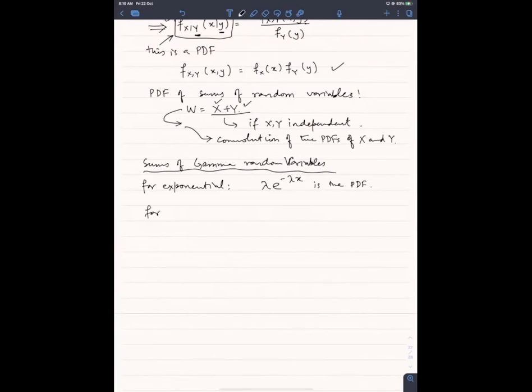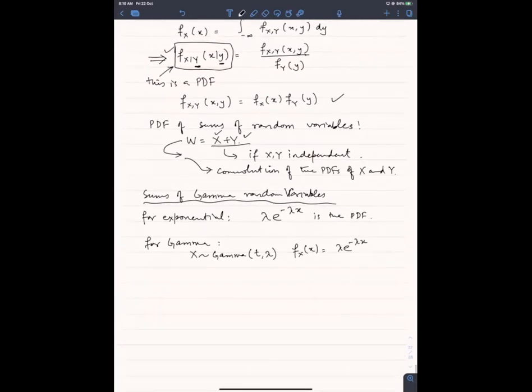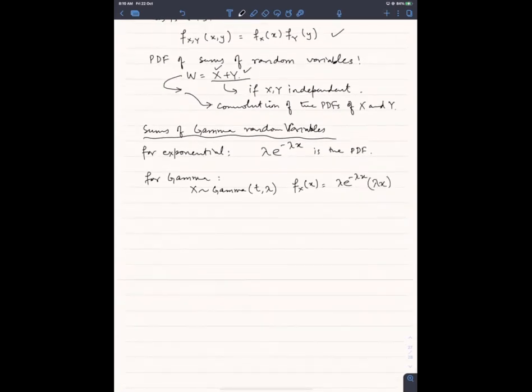For a gamma random variable, if X is a gamma random variable with parameters t and lambda, then the density function that we have seen is lambda e to the minus lambda x, the same exponential, and something more: lambda x power t minus 1 divided by the gamma function of t minus 1. The gamma function of t minus 1 is a constant.